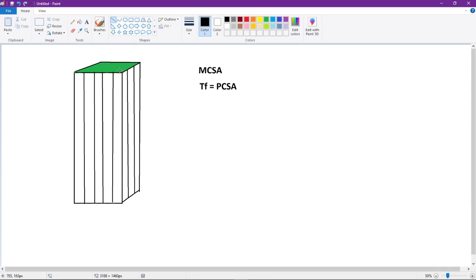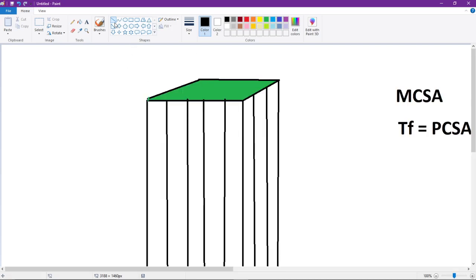And on the top, in the cross-sectional area, we'll have the fascicles, just like this. This is one fascicle, this is the second, the third, the fourth, the fifth, and so on. There are many fascicles present in this green area, which is the morphological cross-sectional area of this muscle.